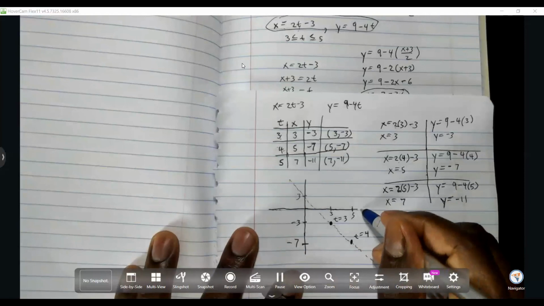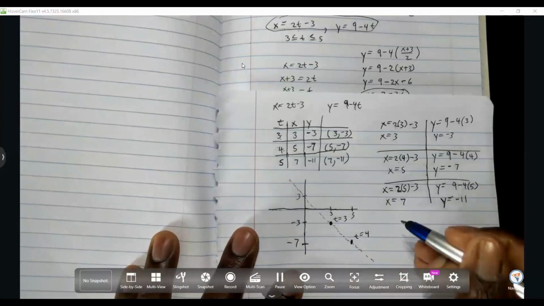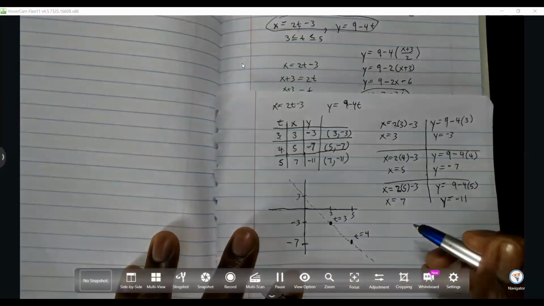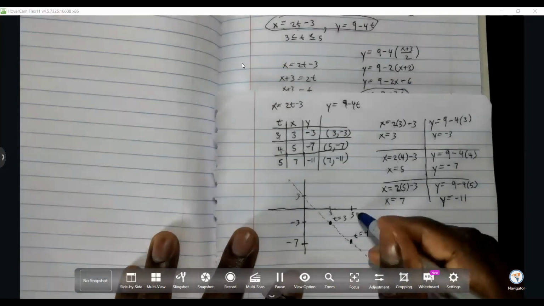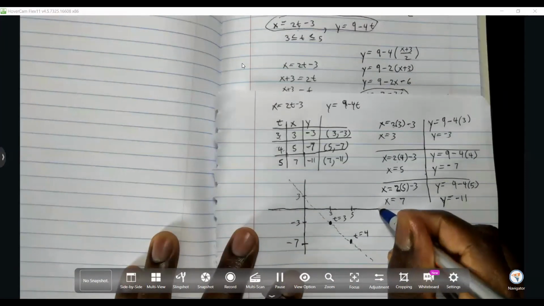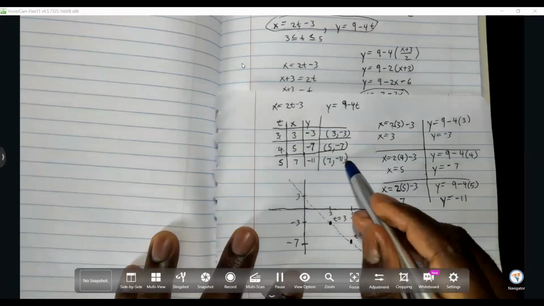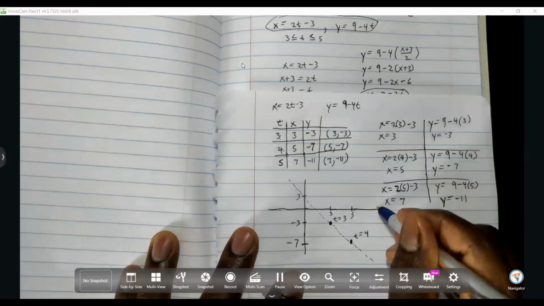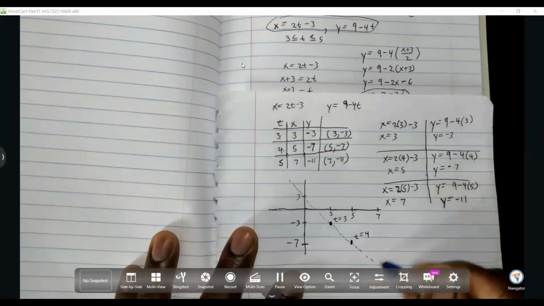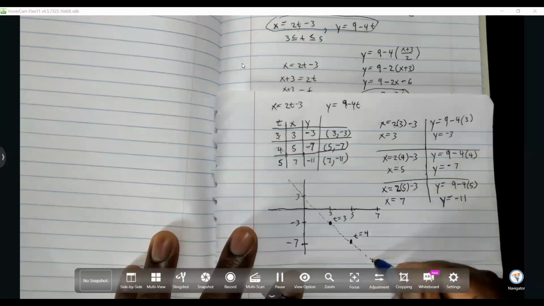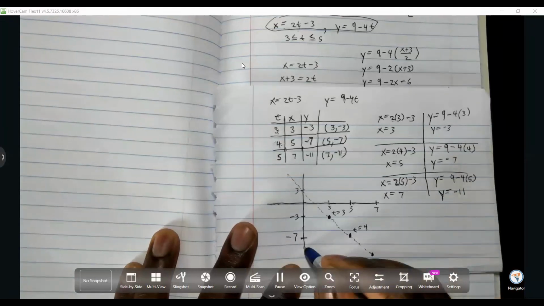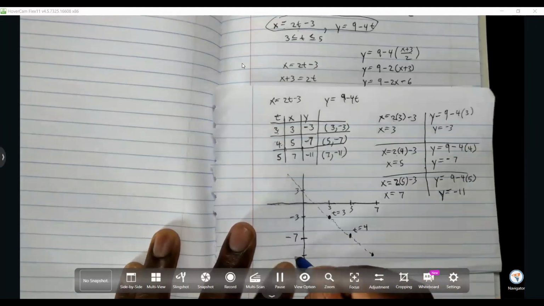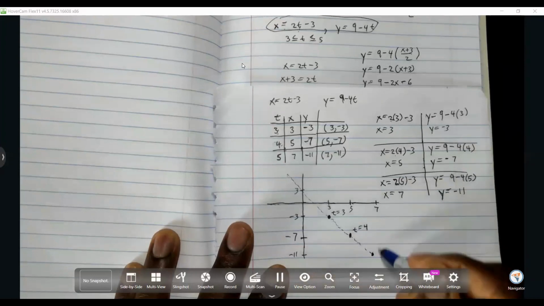And then finally, where t equals 5, that one is 7, -11. So 7 could be over here. So this is where t equals 5.